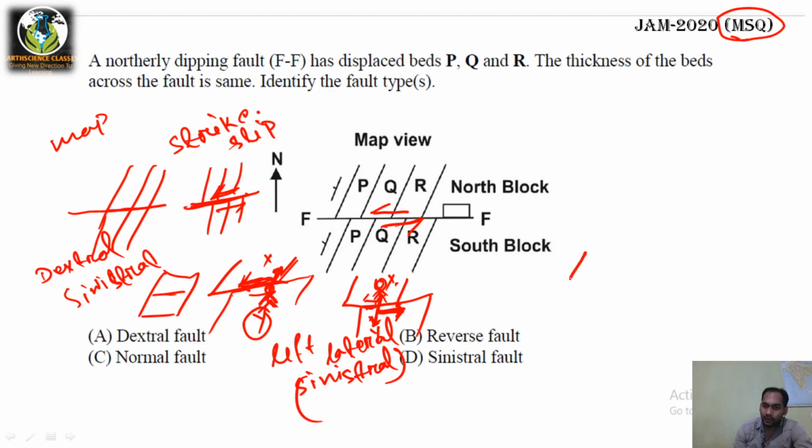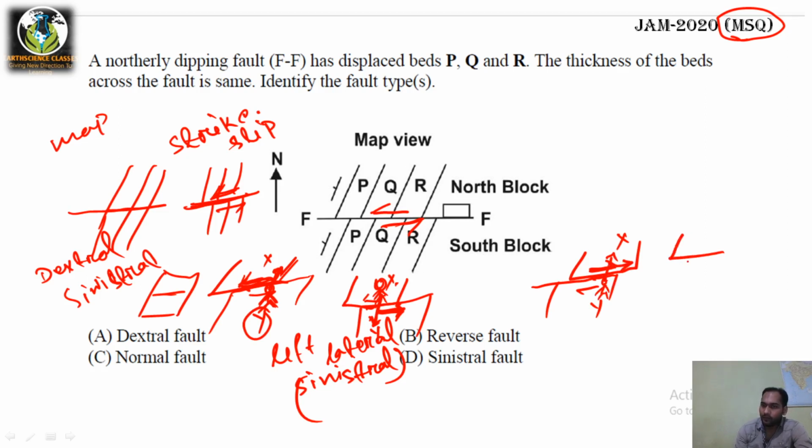If the block is like this, it is moving like this. This is X and this is Y. I will stand here on Y, look at X and I will see that X is moving towards the right of me.